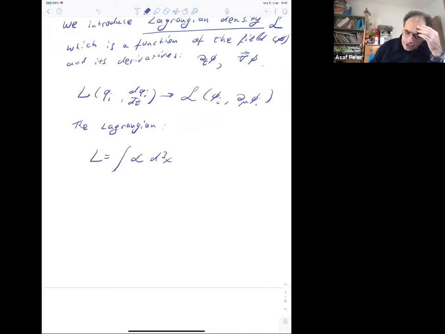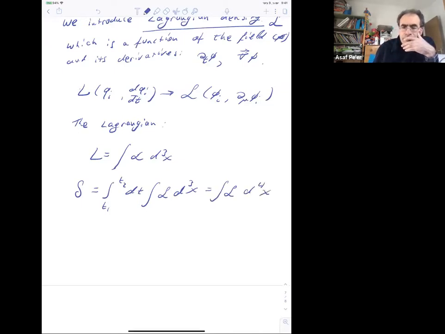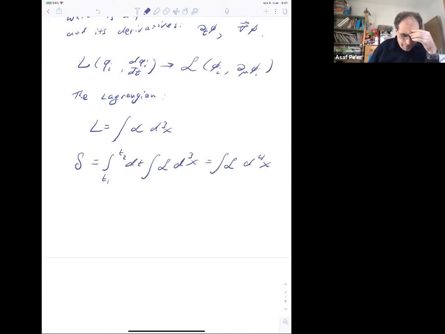And if you want to get the action, it's the integral from T1 to T2 dt, integral L d^3x. So it's really the integral of L over the 4 coordinates. This is the 4-volume basically.